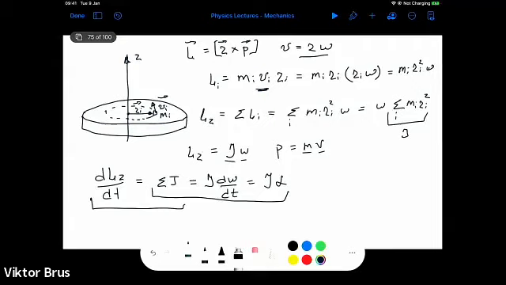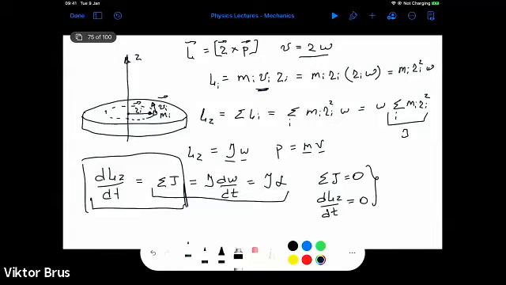And if this is the case for such an isolated system, we can see it from here. If external torque is equal to zero, then change of the angular momentum for the rigid body rotating about a given axis, in this case axis z, will also be equal to zero.